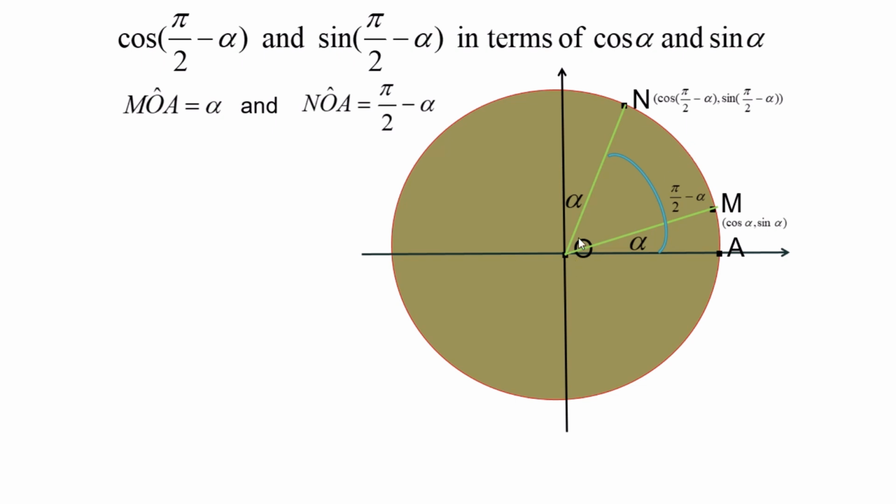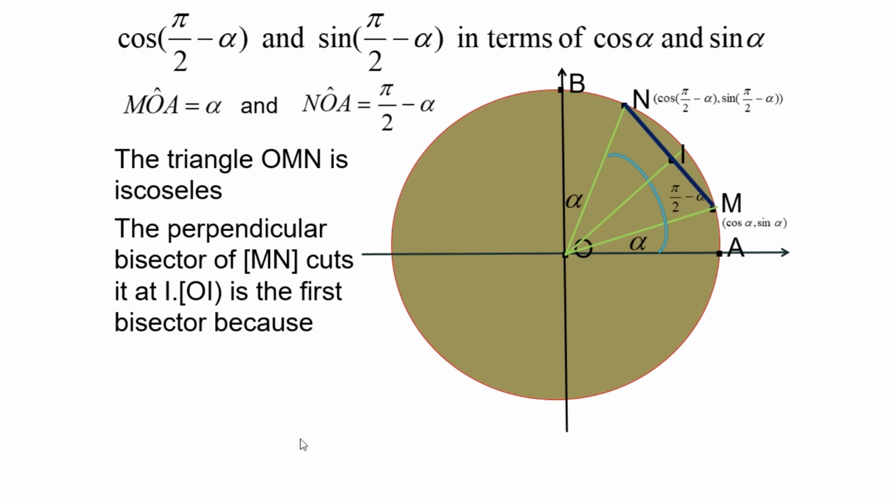The bisector of this angle cuts MN into the point I. Then here we have a bisector of angle OMN. The triangle ONM is isosceles at O. The bisector is at the same time perpendicular bisector of segment MN.